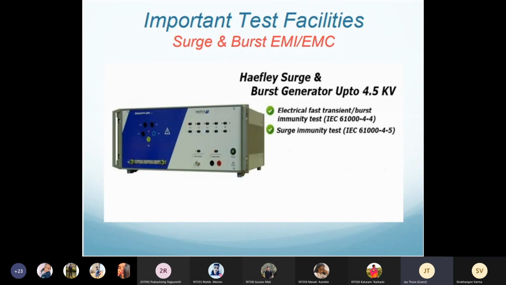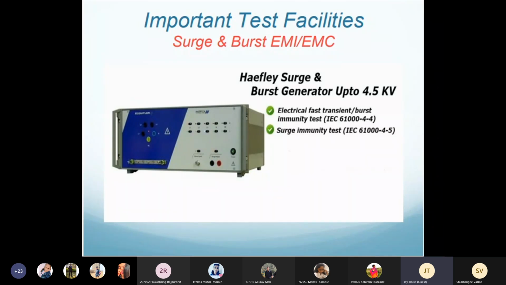So in order to make sure that the assemblies you're doing are at par with whatever electromagnetic interference comes, and whatever rules and regulations are there regarding that, we have this setup where you can just get the PCB connected to this machine, and check whether the assembly is sustainable to electromagnetic interference and to different surges, voltage spikes, and everything like that.